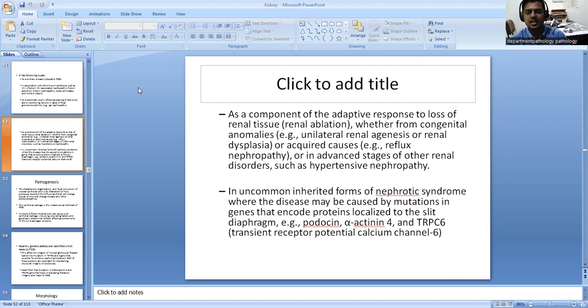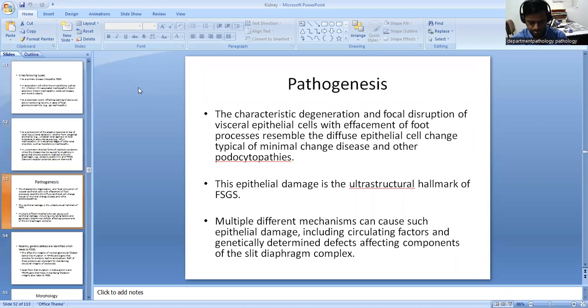In uncommon inherited forms of nephrotic syndrome, the disease may be caused by mutations in genes that encode proteins localized to the slit diaphragm. Example: alpha-actinin 4 and TRPC6. The TRPC6 is for transient receptor potential calcium channel 6.